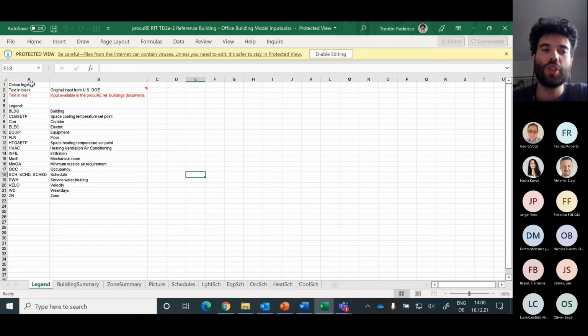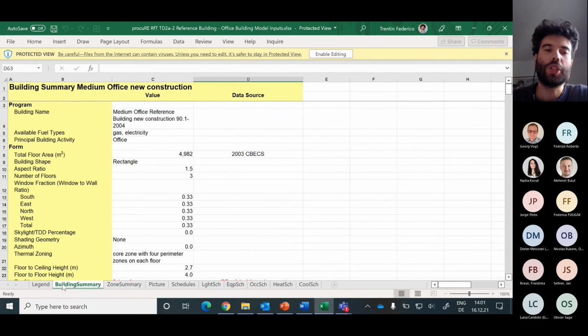First of all, you have a legend in which you have the explanation of the various abbreviations and colors used in the file. Then we have a sheet called building summary that basically reports the main geometric characteristics of the building considered.